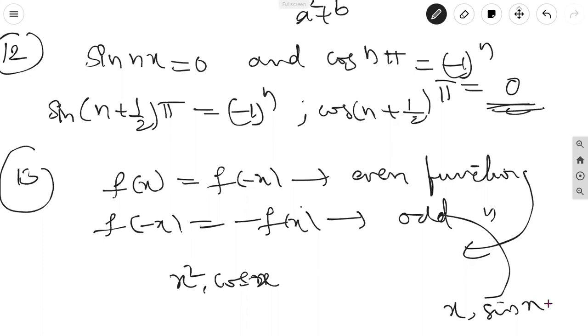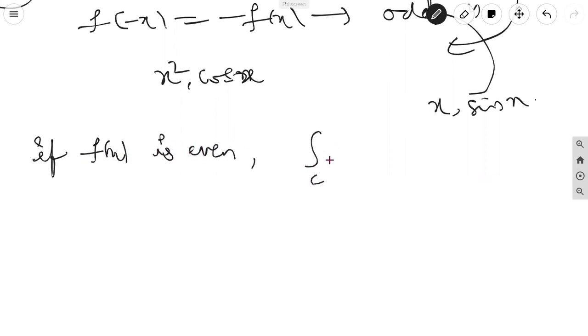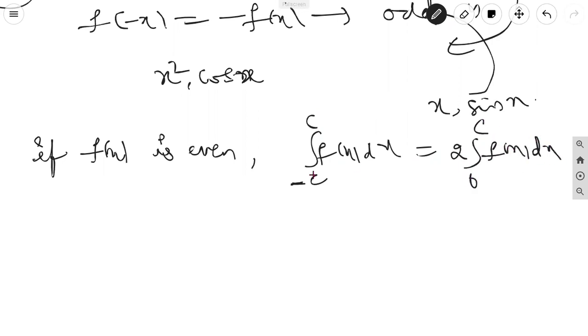When the function is even, if f of x is an even function, then integral c to c plus 2 pi f of x dx, or simply integral minus c to c f of x dx, equals 2 times integral 0 to c f of x dx.